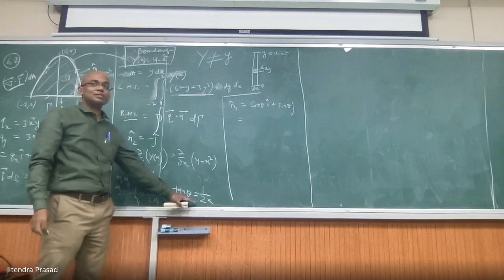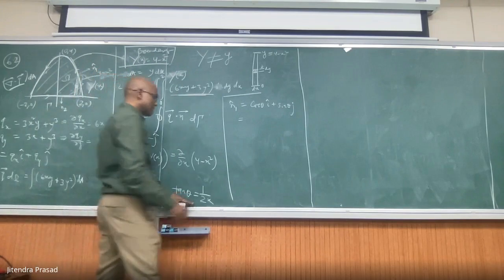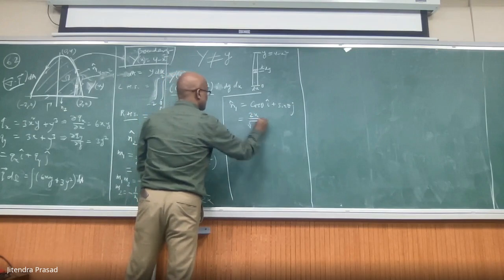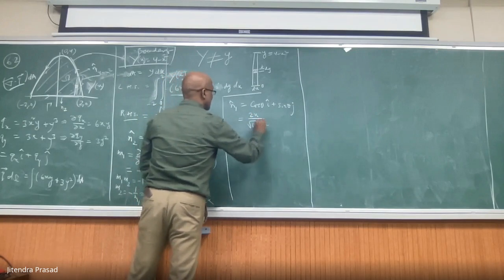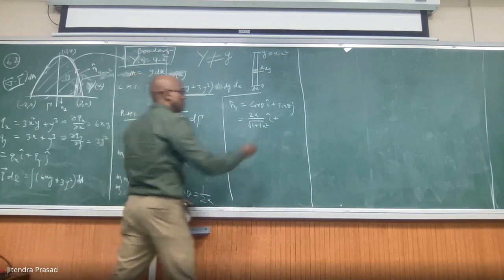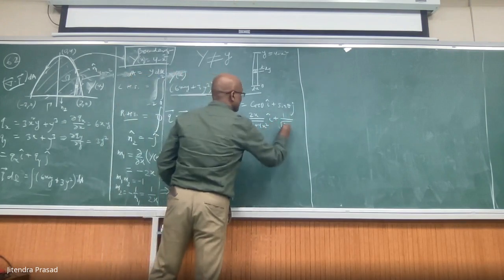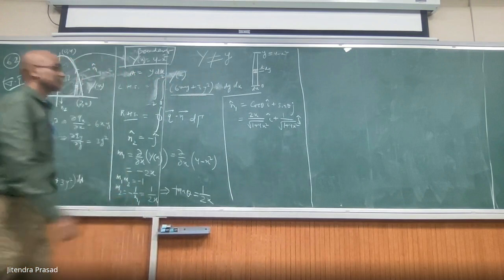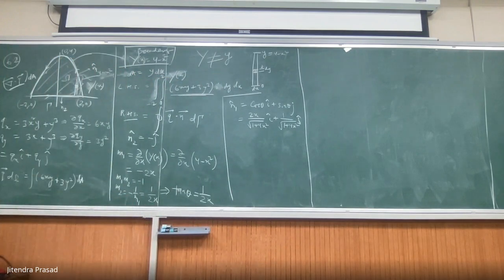If tan theta is this, then cos theta will be 2x over root 1 plus 4x square i, plus sin theta will be 1 over root 1 plus 4x square j. Okay?